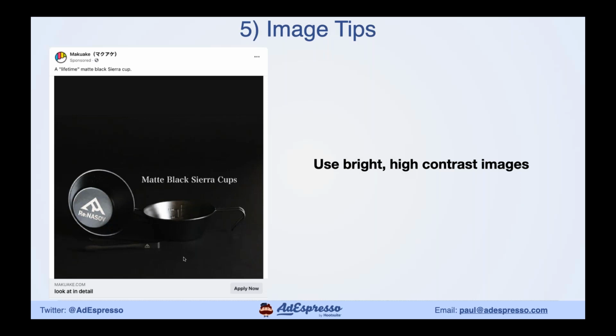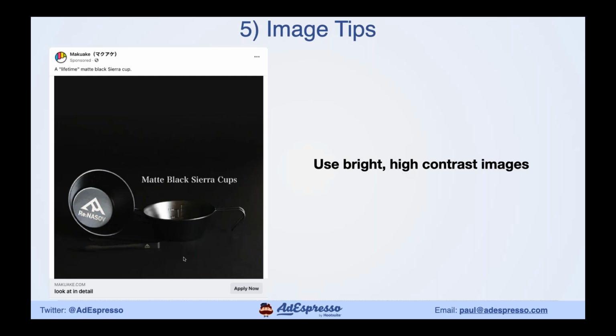So we need to capture that attention in that 1.7 seconds, and the way to do that is to have a much brighter, high contrast image. Black on black probably looks great on the graphic designer's glossy screen, but is not going to look any good on a 3-4 inch Android device or something, which is where your target audience is.